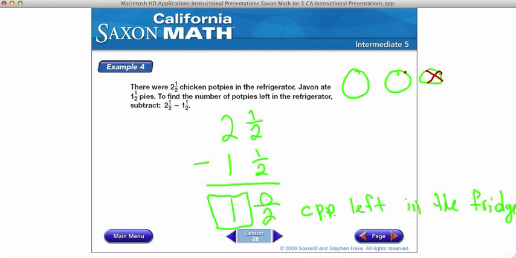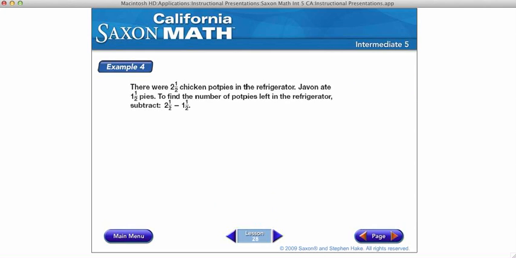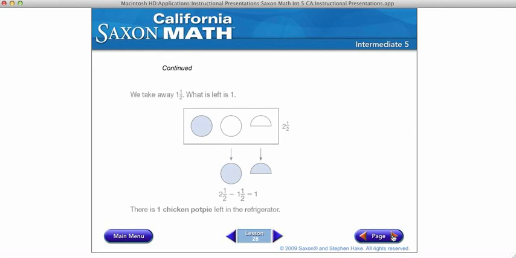So there's my half, there's my 1, and I'm left with just 1 pie. Feel free to draw pictures if that helps you to understand what the fractions are doing. Pictures are a great way to kind of help it make sense in your mind. Okay, example 5, the last one.